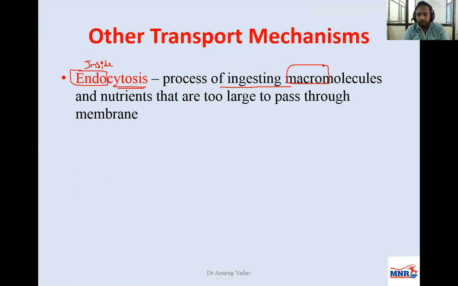But the components which are very big cannot come through these small channels. So there should be some other mechanism by which these bigger molecules can be engulfed into the cell. That is endocytosis, the movement of macromolecules and nutrients that are too large to pass through the membrane proteins, the channels.